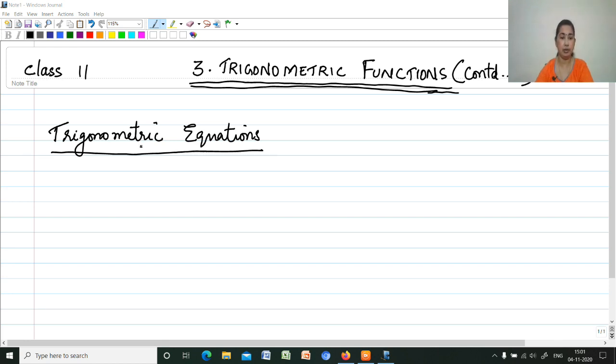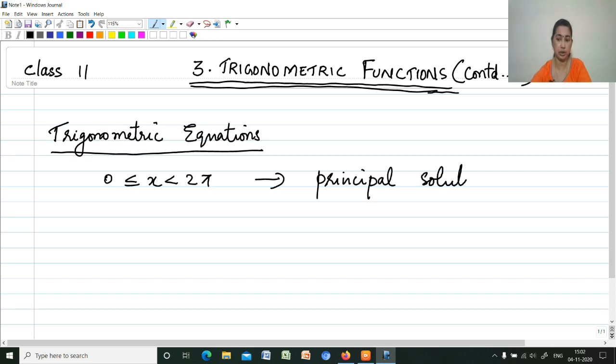Now we are finding out how to solve trigonometric equations. After solving the equation, if the solution comes between 0 and 2 pi, then we call it a principal solution. So what are principal solutions?